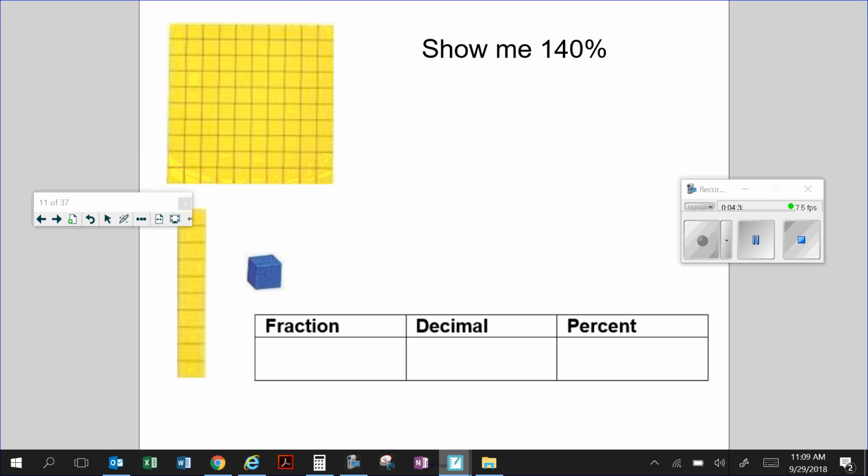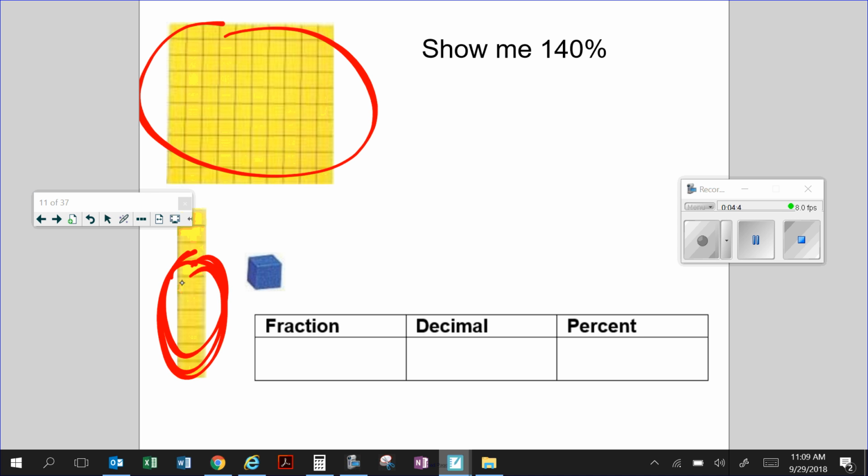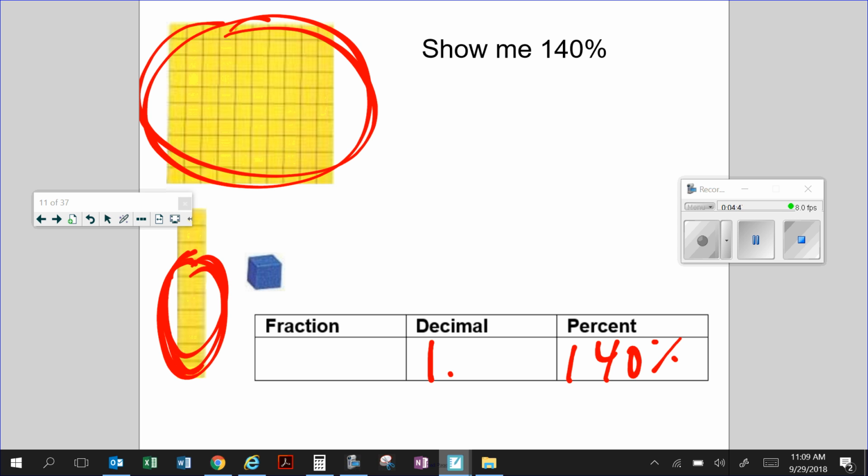Show me 140%. That would be this and 4 tenths. So that's 140%. It'll be 1 of this and 4 of these, which are tenths. So 1 and 4 tenths. How would I represent it as a fraction?